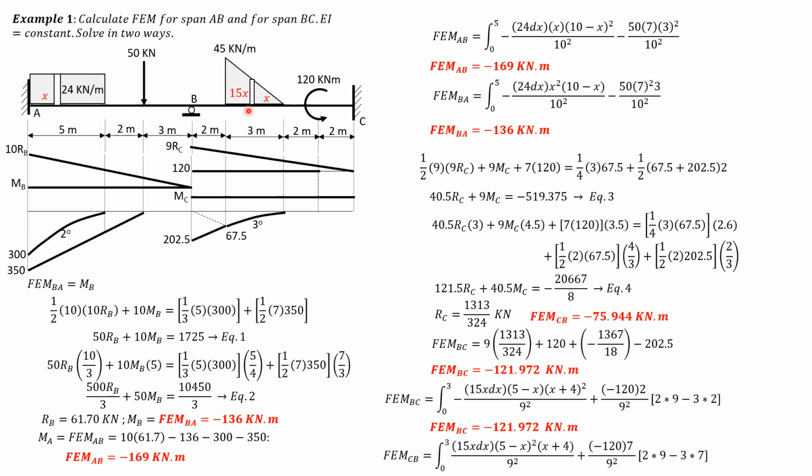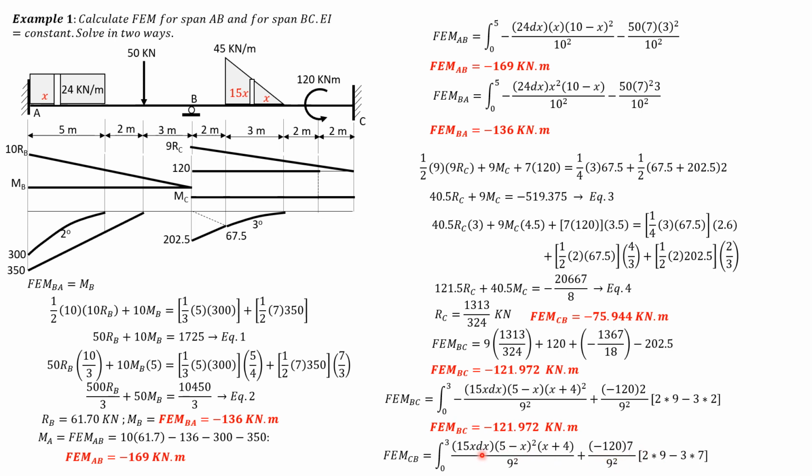A is 7, the distance of the couple load from B is 7, divided by 9 squared, quantity 2 times 9 minus 3 times 7. This is negative times negative, so positive. Because the second term is positive, it means it is clockwise. Because this is also expected clockwise due to the loading, they will add.